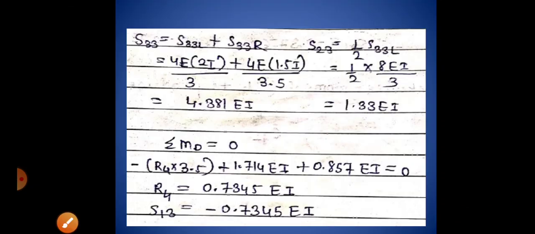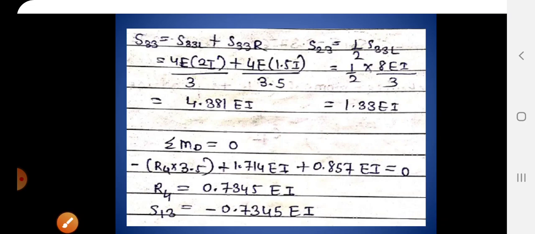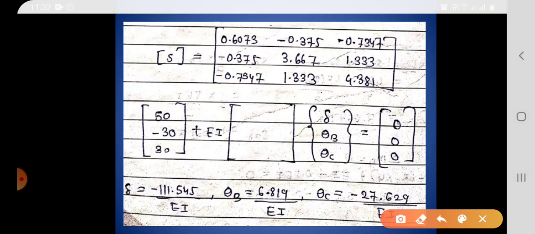Now, first you will get the value of S33 as S33L plus S33R, then S23, then summation MD equal to 0, R4, and you will get the value of S13 as minus R4. So you have derived the stiffness matrix.